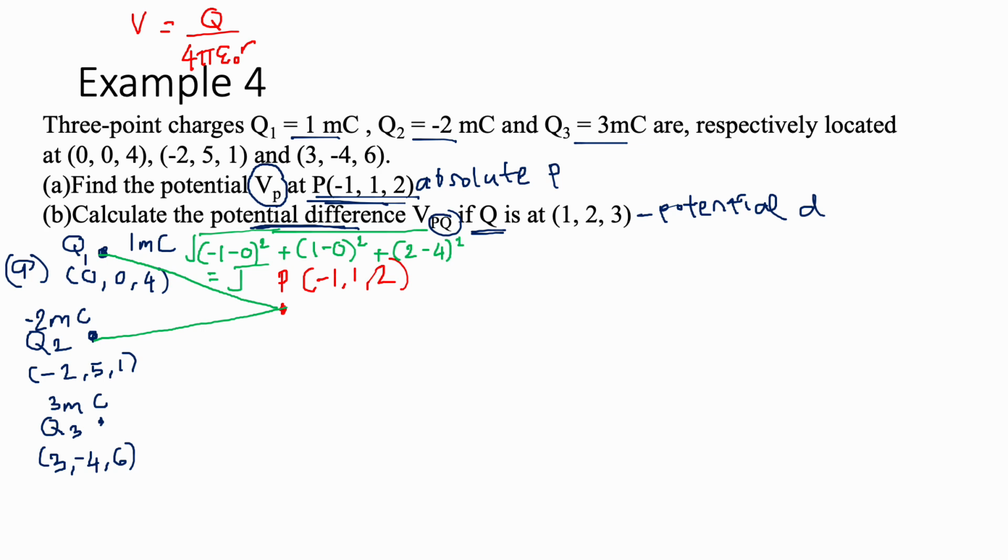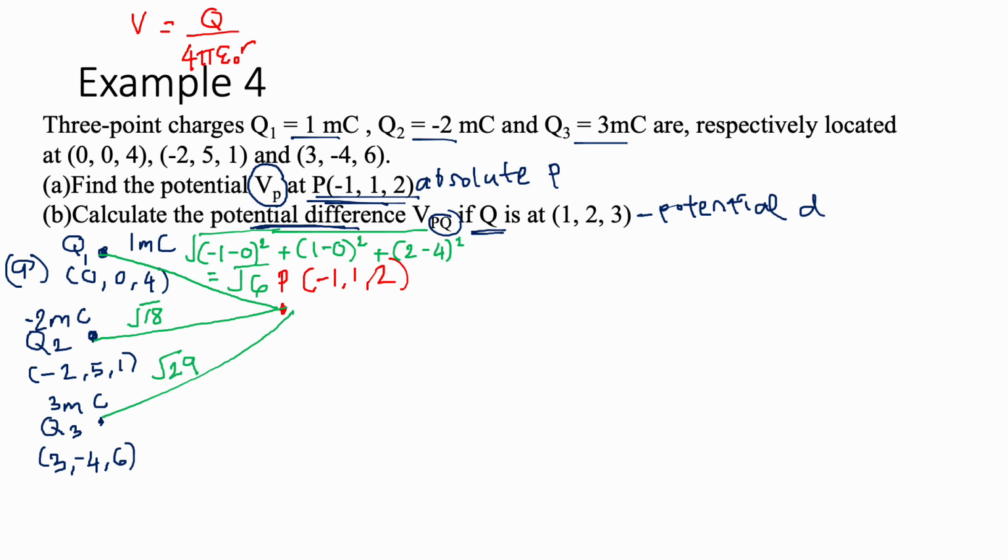So you proceed, and for the others you will get this one as the square root of 18, and this one the square root of 29, if I'm not mistaken. Please check the calculation as well.